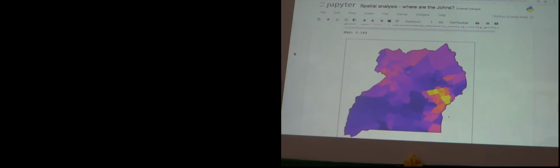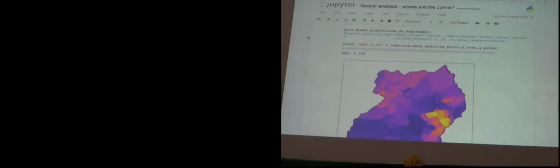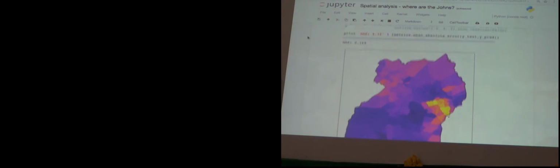Okay, so here's what the model predicts across the whole of the space, and we can see our mean absolute error has gone down quite a way. We've gone from 0.381 to 0.169, so we've halved our error here. Pretty good result for a simple thing.